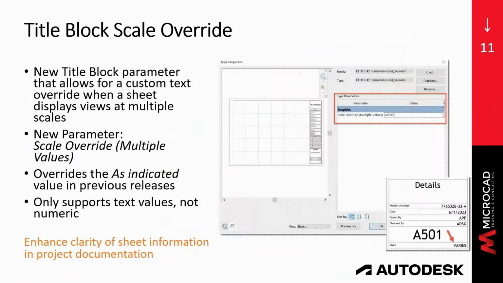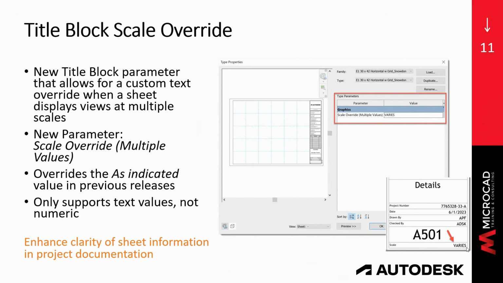When you have multiple viewports on a sheet, usually you would get the option down here for the scale, and it will say varies.